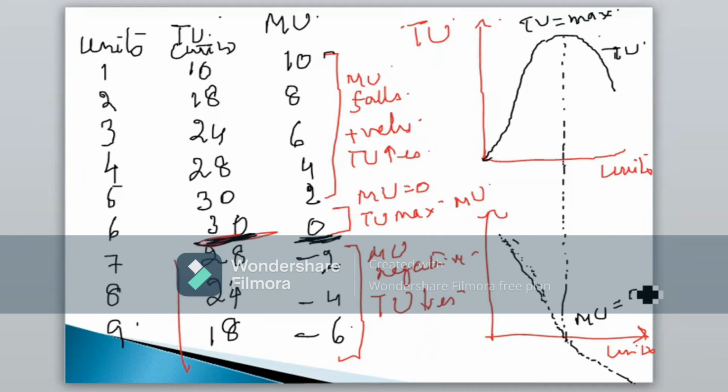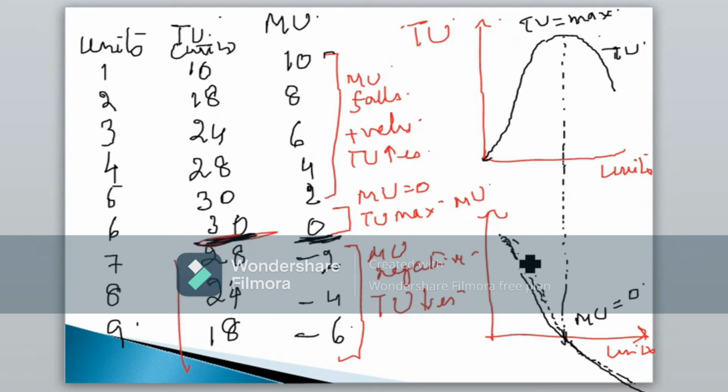Now, in some books, you will find that these two diagrams have been combined in a single diagram. But I always prefer to make another diagram for marginal utility.